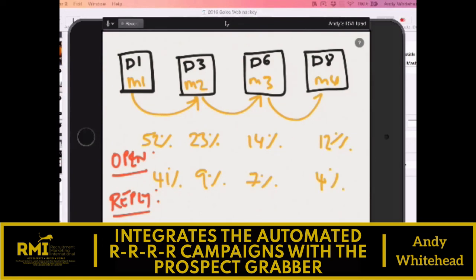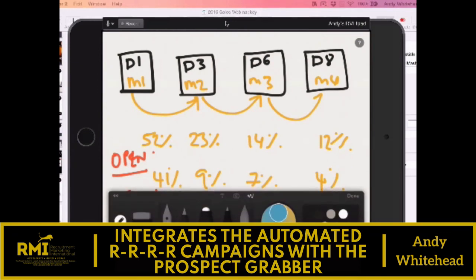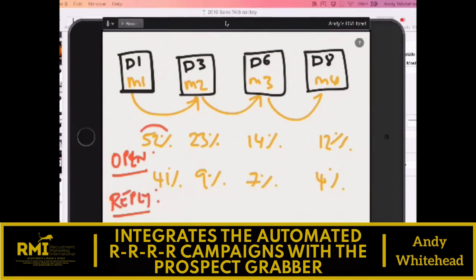So you can see, of course, the big numbers are on message 1, 52% and 41%. But if we add up the other numbers, we're still hitting almost half of it again. So the follow-up is key.